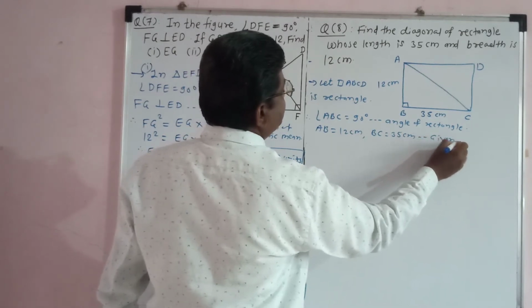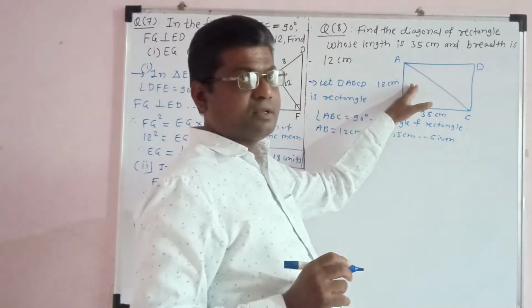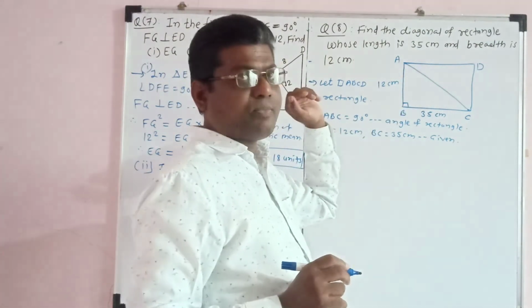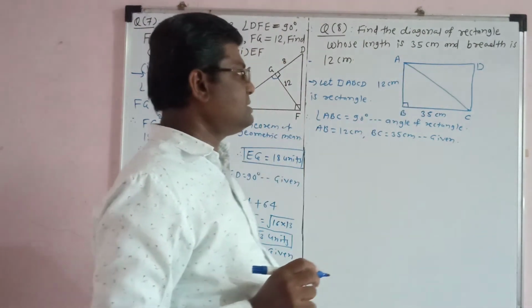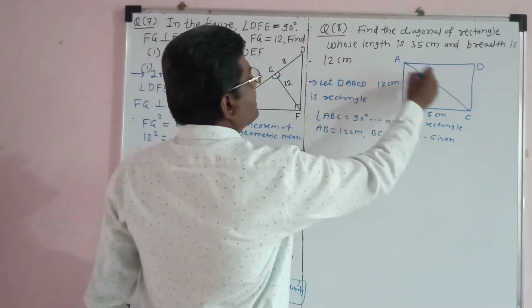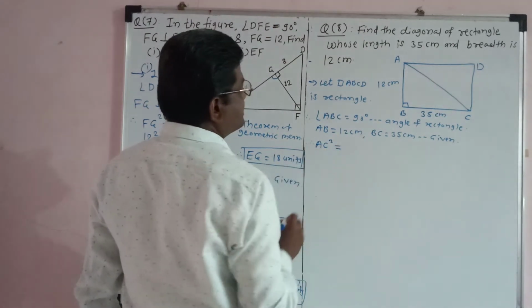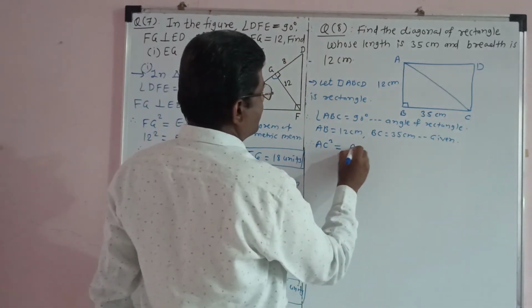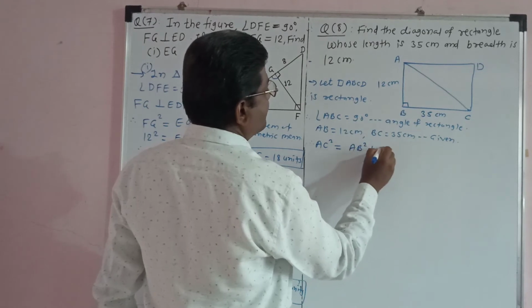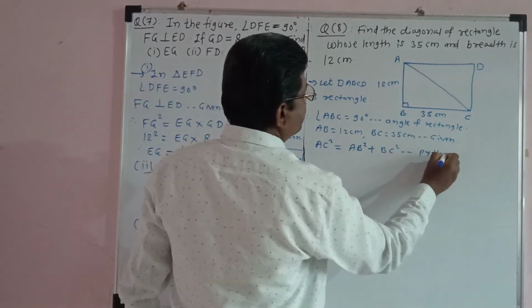It is given. So this is a right angled triangle, and we can apply Pythagoras theorem for this triangle. Therefore AC is the hypotenuse. Therefore AC square is equal to AB square plus BC square. Pythagoras theorem.